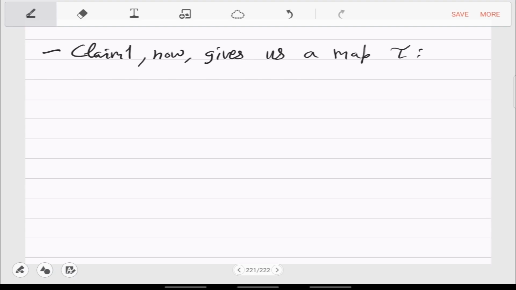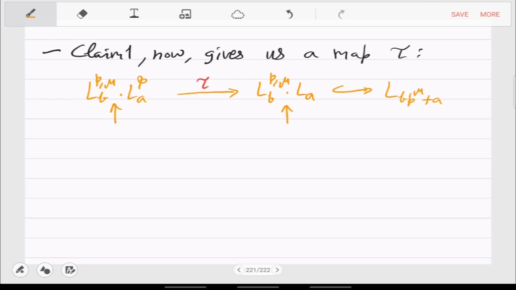So this is the diagram. LB P mu. So this will be the most important diagram of this course because this is what proves the Riemann hypothesis. So there is a map from here to, and this is the tensor product version.